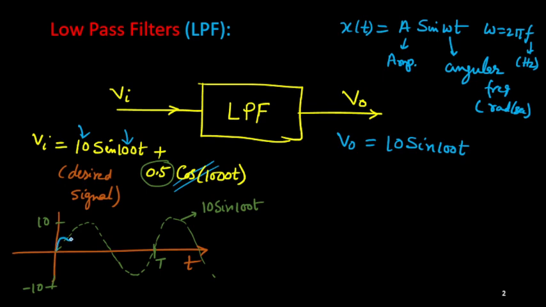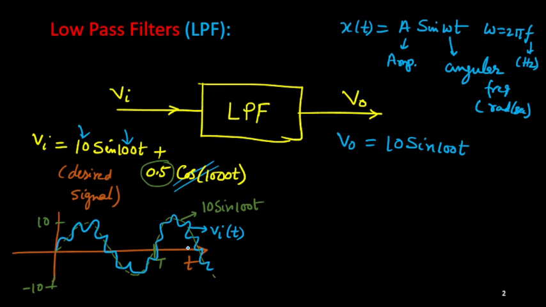This high frequency component will be added here, so some fluctuations could be there. I am drawing it roughly, it's not proper. This undulation is because of the high frequency component. So this is the resulting one, Vi(t), means 10 sin 100t plus 0.5 cos 1000t.